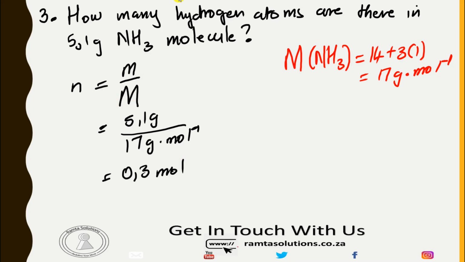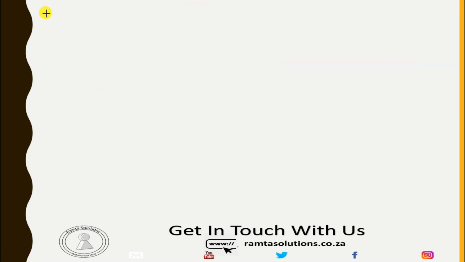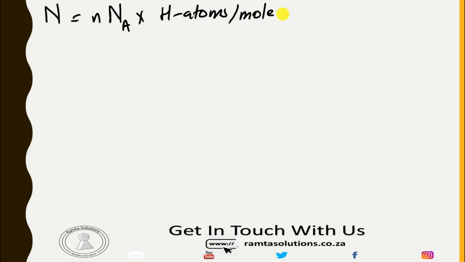Perfect. Now, to find the number of hydrogen atoms, we will say N equals the number of moles times Avogadro's constant times, sorry, it's not O this time around, it's H atoms per molecule.